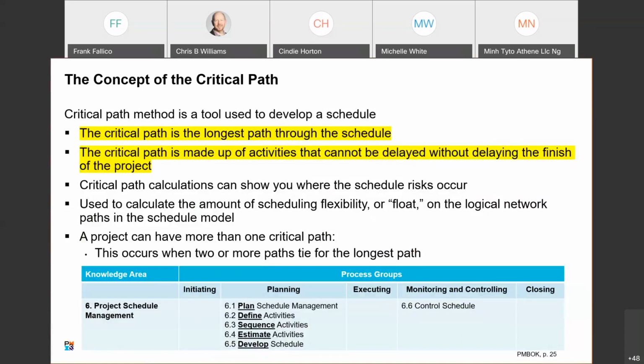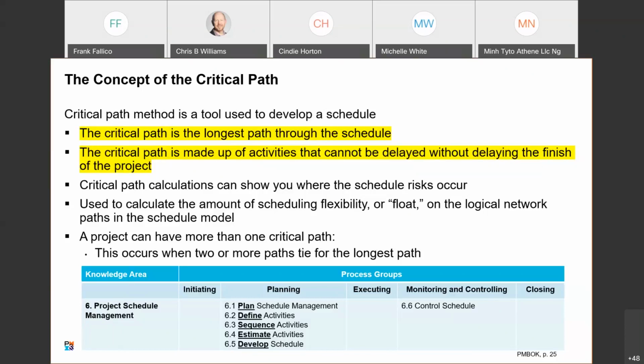This technique is considered a precedence diagramming method, or PDM, because the activities are represented by nodes and they're graphically linked by one or more logical relationships to show the sequence in which the activities are going to be performed. CPM is used to estimate the minimum project duration and to determine the amount of schedule flexibility on the logical network paths within the schedule model.